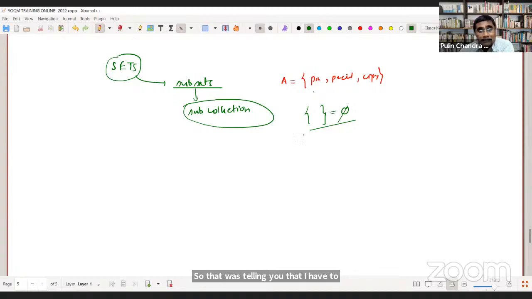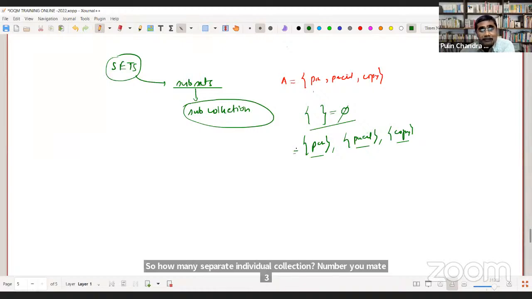It can be happening that you like to take only one pen. Maybe you like to take only one pencil, or maybe you like to take only one copy. So how many separate individual collection you made? 3.